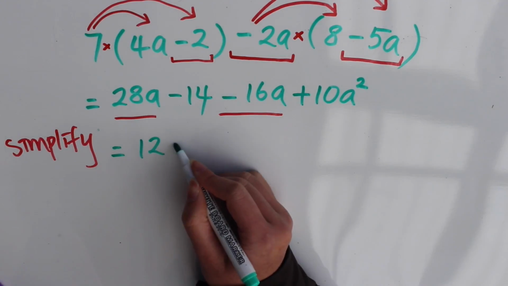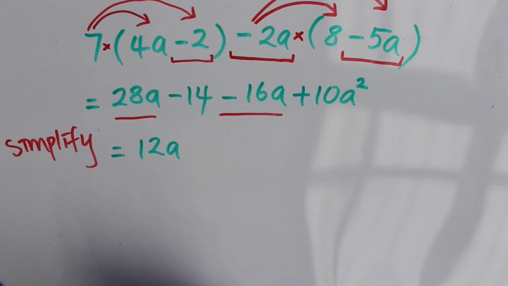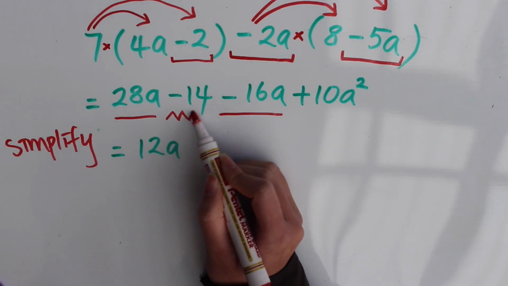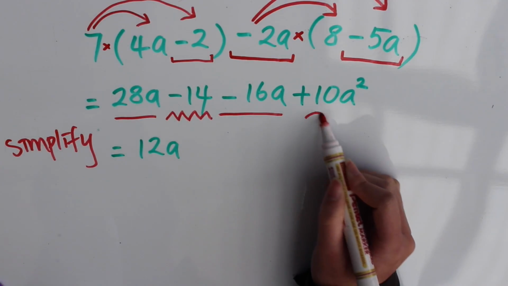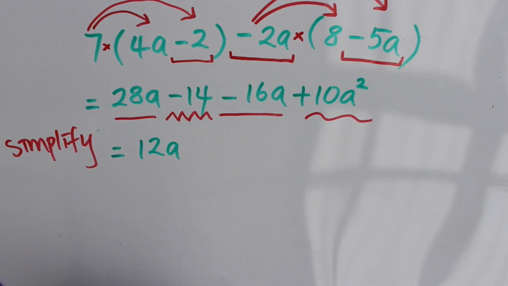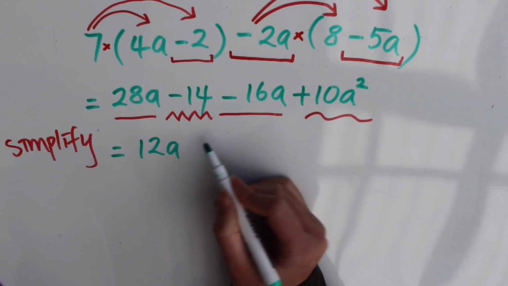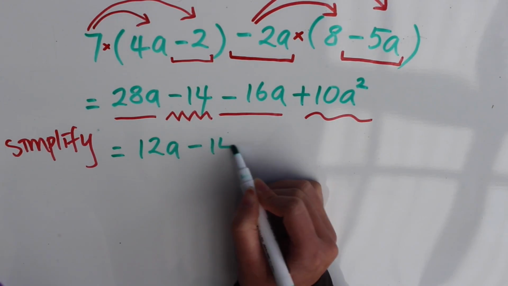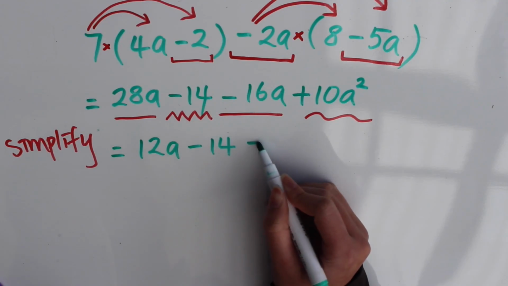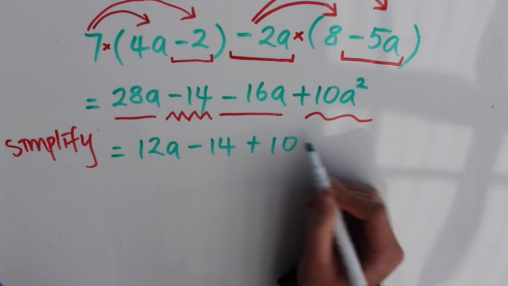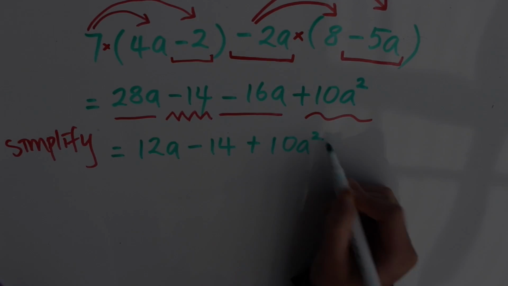The other two numbers are unlike terms, so we cannot simplify them. Instead, we just move them down into the expression. This gives us the final and complete answer of 12a minus 14 plus 10a squared.